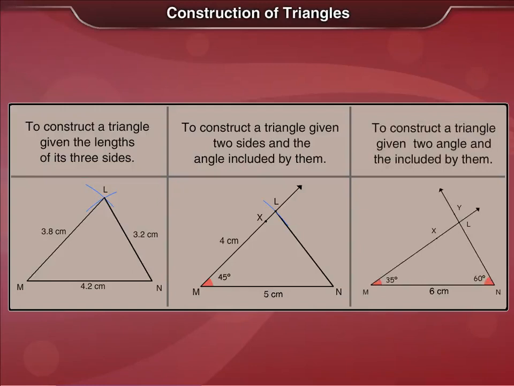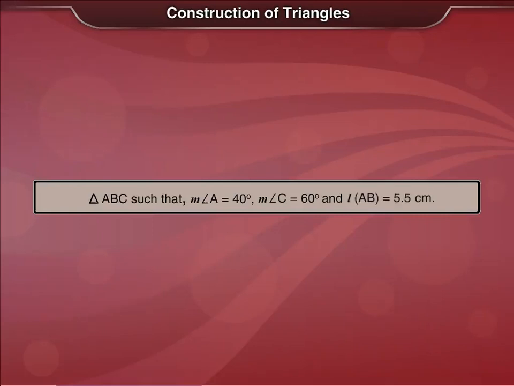Thus, angle A plus angle B plus angle C is equal to 180 degrees. Therefore, 40 degrees plus angle B plus 60 degrees is equal to 180 degrees. Therefore, angle B is equal to 180 minus 100, which equals 80 degrees.